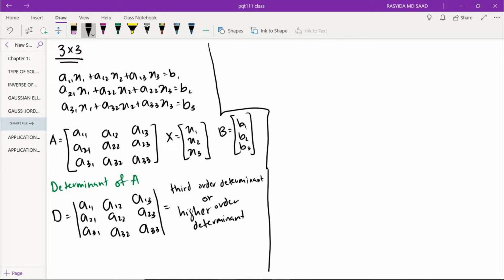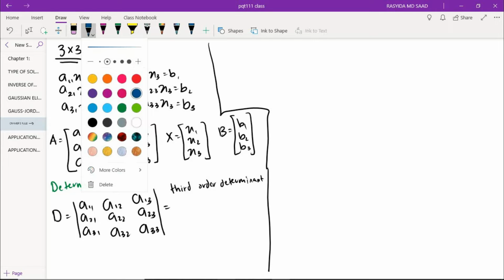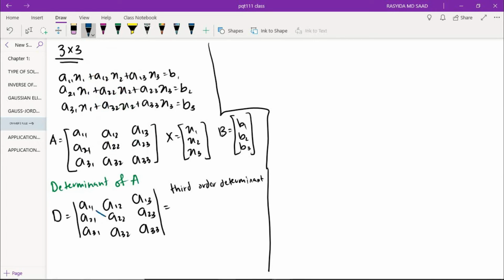So maybe I will write this down to help you remember what the third order determinant is. Remember this one multiplied with this one, this one, this one.